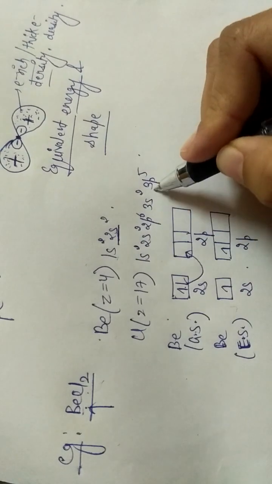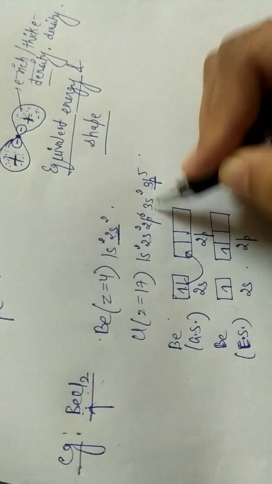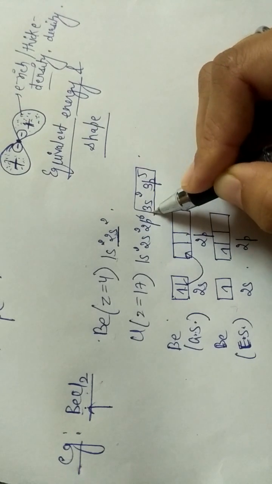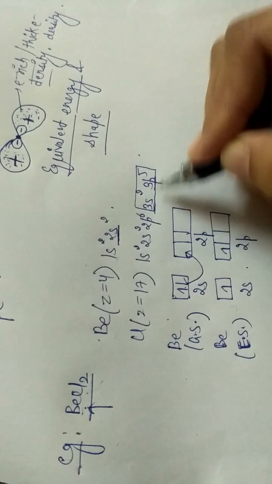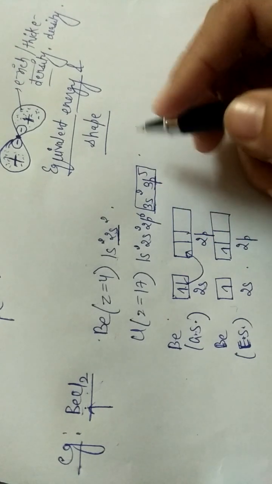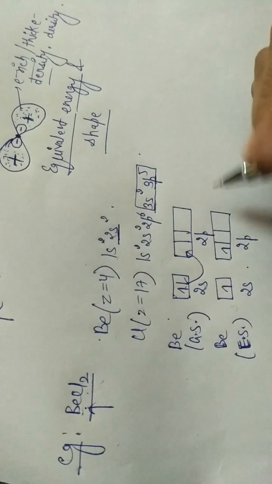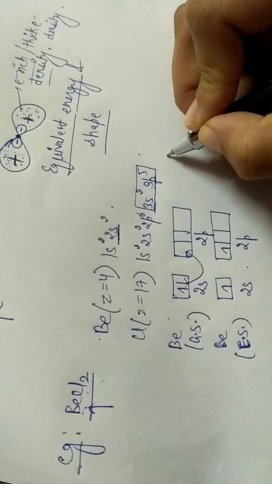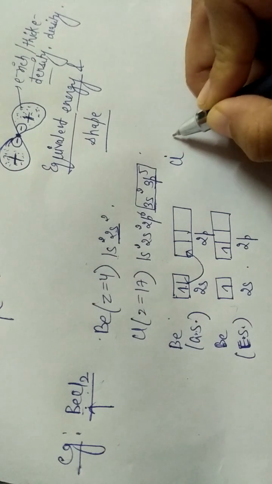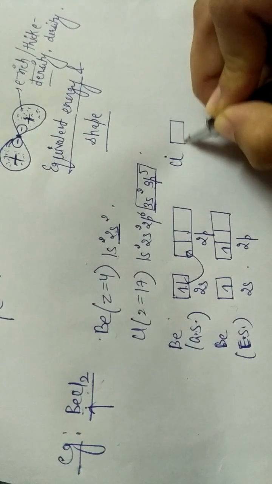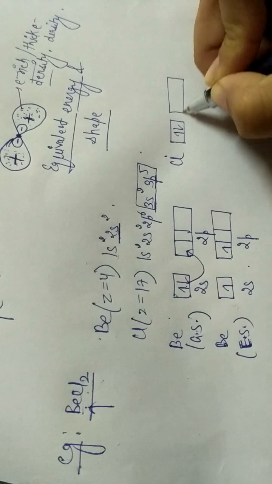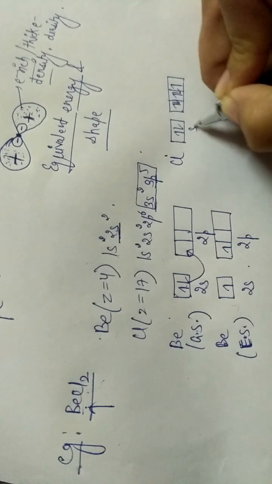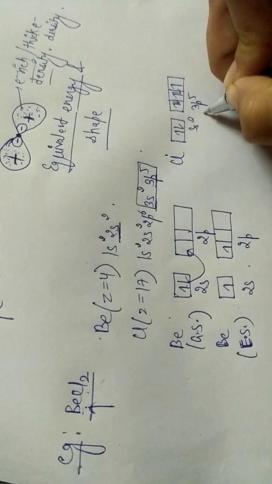Now as we know, chlorine has outermost electrons 3s2 and 3p5. These are the outermost orbitals, 3s and 3p, so the electrons present in them are outermost electrons. So we can show for chlorine 3s2 and 1, 2, 3, 4 and 5 in 3p.